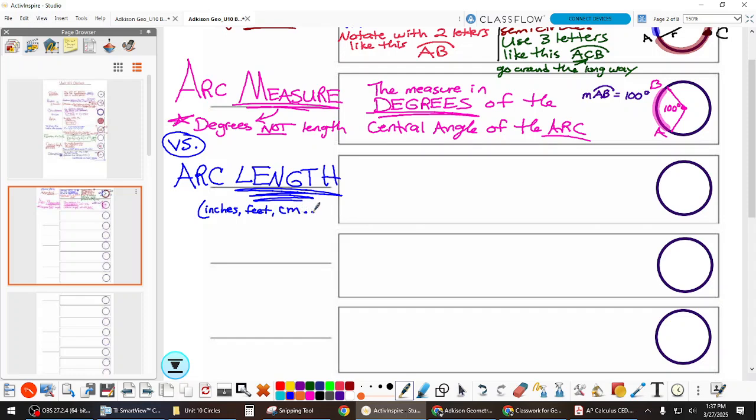So I'm just putting some length measurement units in there, hoping to visually cue you to distinguish between measure and length. Okay, in fact, I'm going to put a line here.